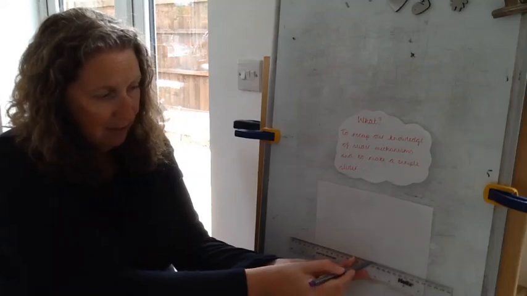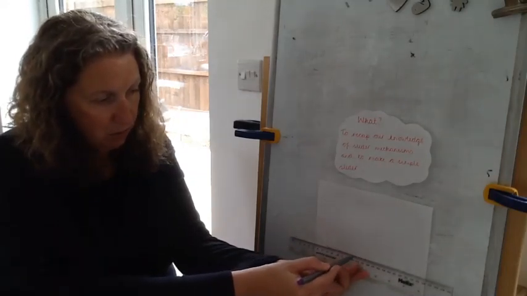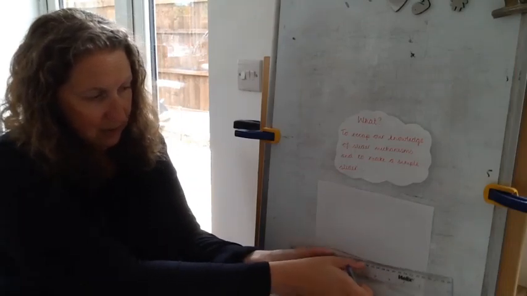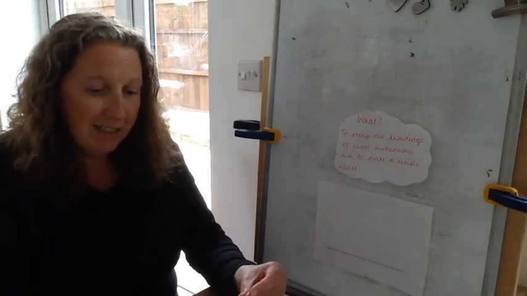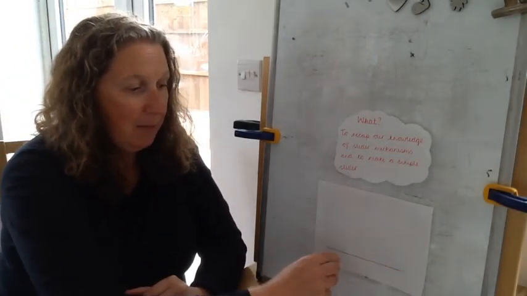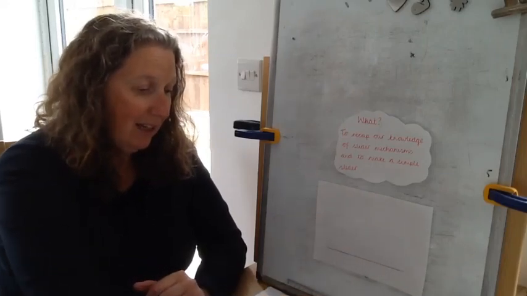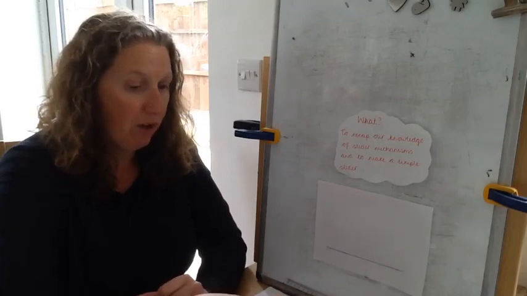I'm going to draw a line, but I'm not going all the way to the edge. I am moving a little bit either side. What I need to do now is cut along this line here, because this will create our straight line that our bar is going to move along.